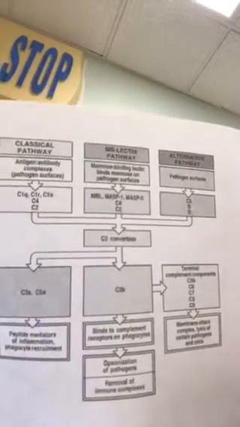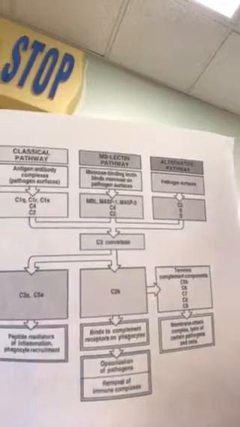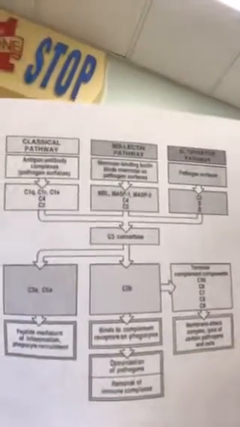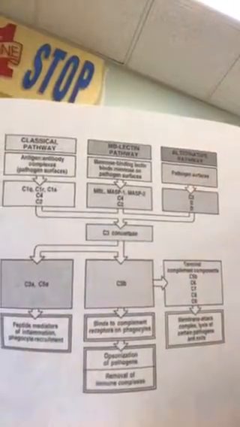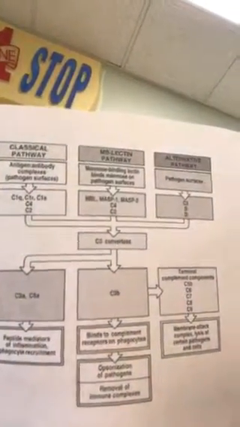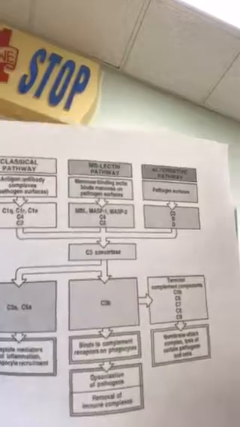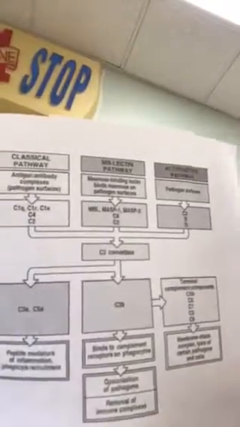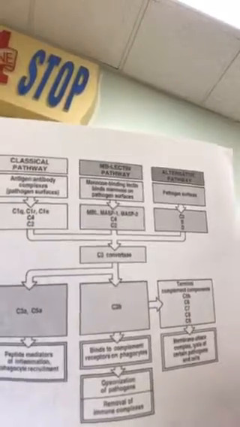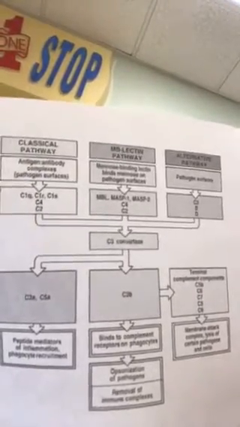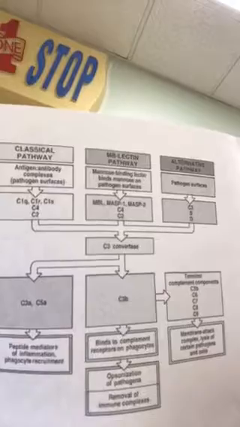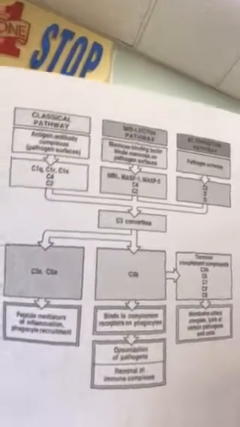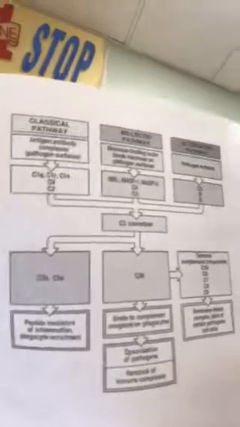And then the terminal complement components, C5b, C6, C7, C8, C9, which I stated make that membrane attack complex. The MAC and lysis of certain pathogens and cells happens here. So those pathogens are destroyed there. Then C3b binds to complement receptors on phagocytes. You have the opsonization happening here, which is one of the ways that we get rid of those pathogens.